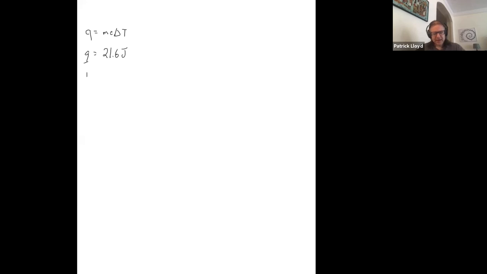We have that the mass of the substance is 858.0 milligrams. And then we have that the initial temperature is 20.0 degrees C, and the final temperature is 35.7 degrees C. So we can calculate delta T from that.